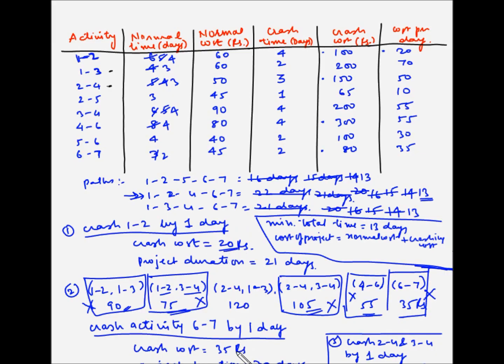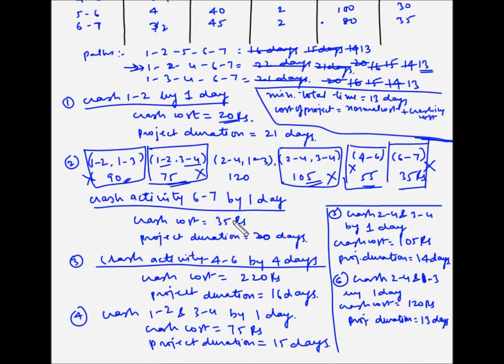So 20 plus 35 plus 220 plus 75 plus 105 plus 120, plus the indirect cost. So we were given that the indirect cost is 10 rupees per day for the project.